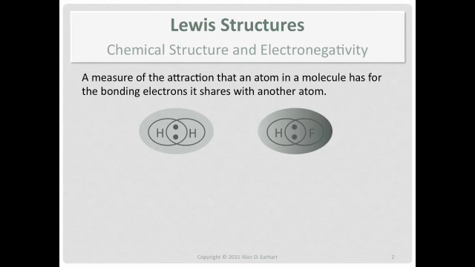And that's what I'm trying to show by the shading now. Notice how it's shaded much more darkly around the fluorine than the hydrogen. And if you were to put partial charges on here, you'd say the fluorine end is a little bit negative and the hydrogen end is a little bit positive.